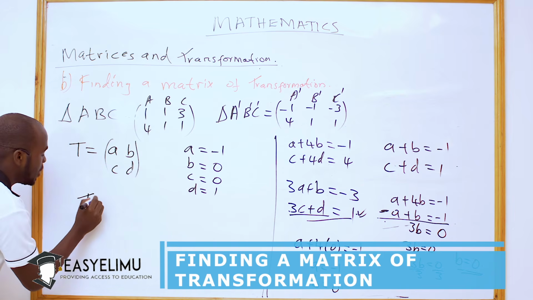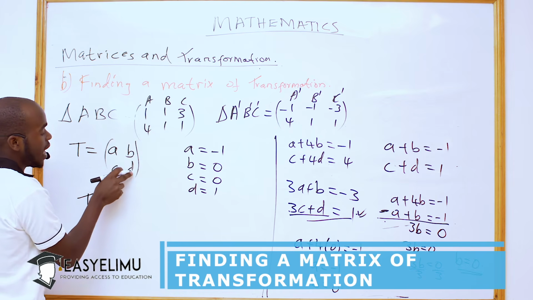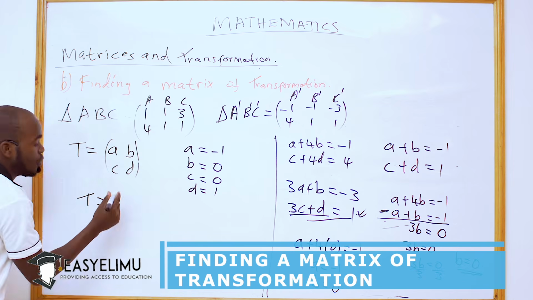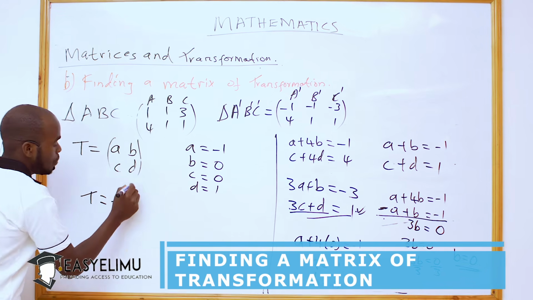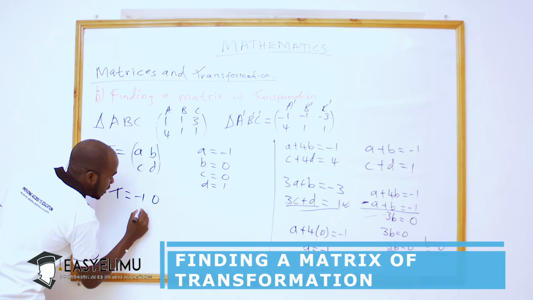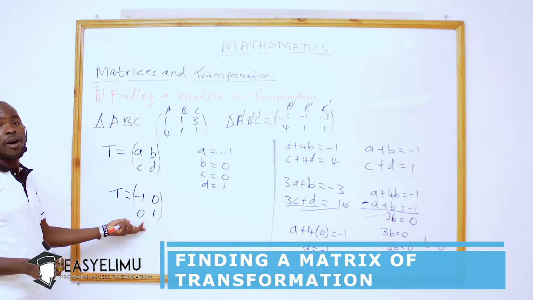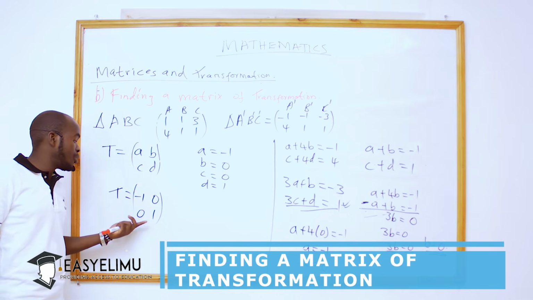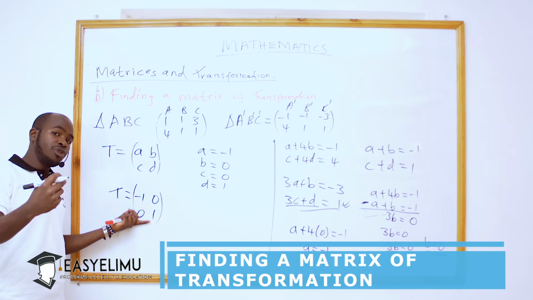Now our T becomes, we substitute the values of A, B, C, and D in this matrix, and we find it will be A equals -1, B 0, C 0, and D 1. This is our transformation.